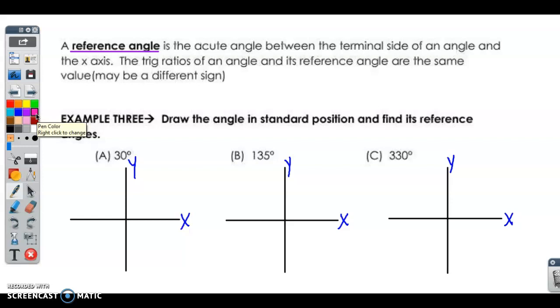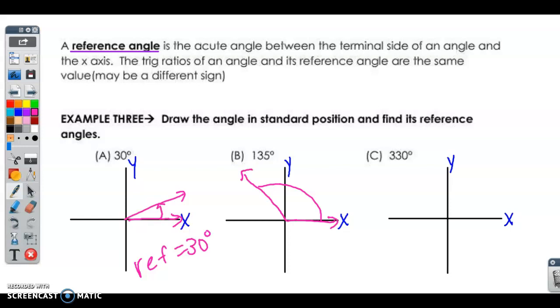So 30 degrees. 30 degrees goes like that. So the reference angle, basically how far away is that terminal side from the x-axis? Here, it's the same as the angle, 30 degrees. But sometimes we'll have an angle like 135 degrees, which is 90 plus 45. So here's your initial side, and then that's about 90 plus 45.